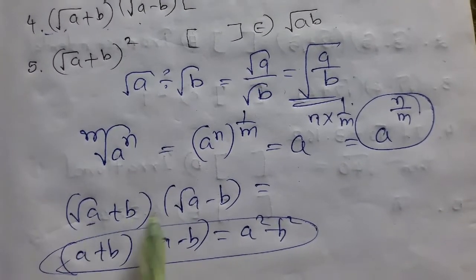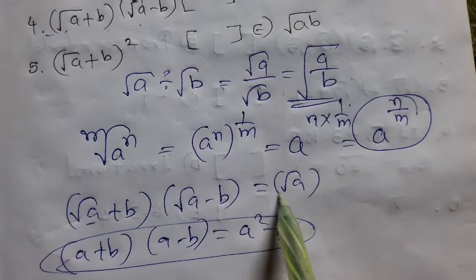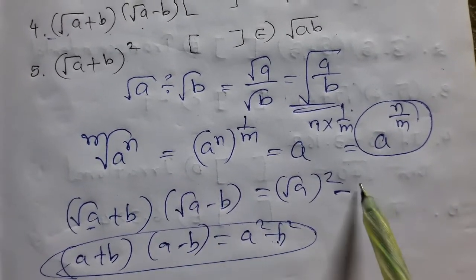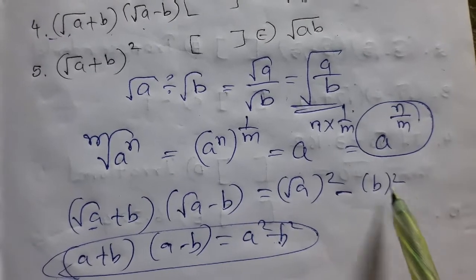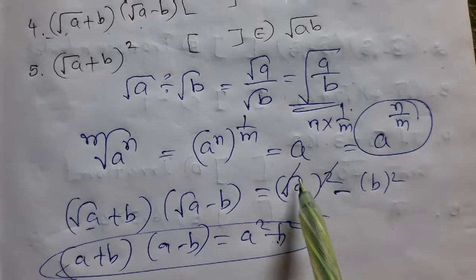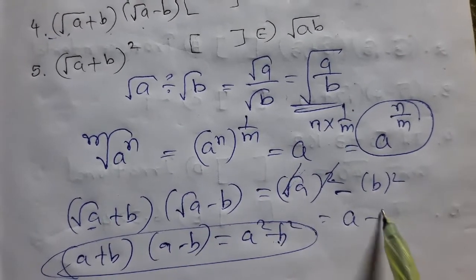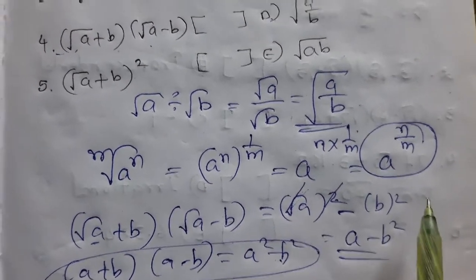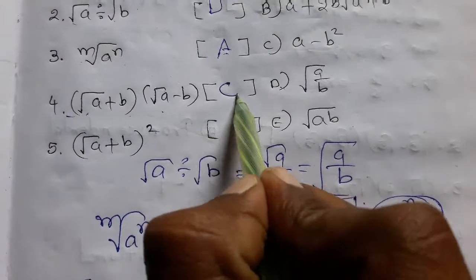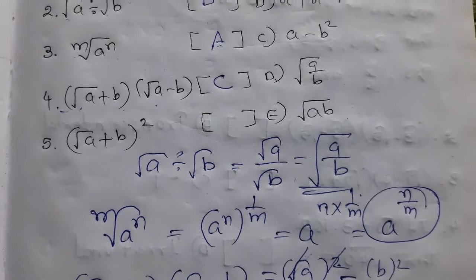So root a whole square minus b whole square, and the square root and square cancel. Here a minus b is the answer. Which one is right? C. So the fourth one is C.